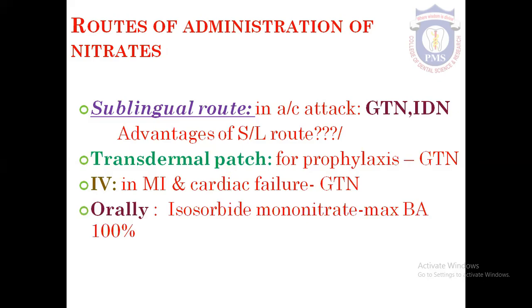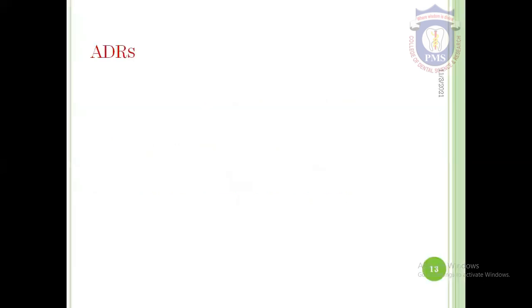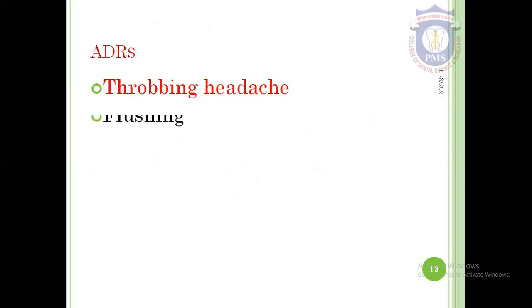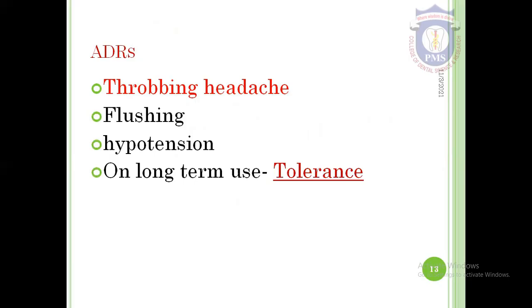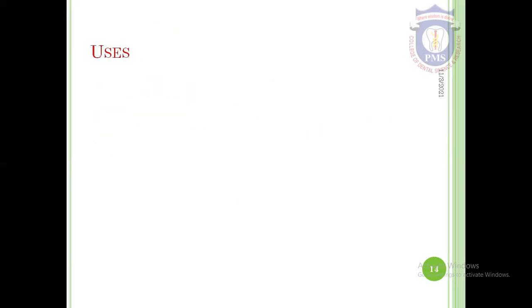While orally, isosorbide mononitrate has a maximum bioavailability of 100%. Adverse drug reactions of glyceryl trinitrate include throbbing headache, flushing, and hypotension. On long-term use, there is development of tolerance.